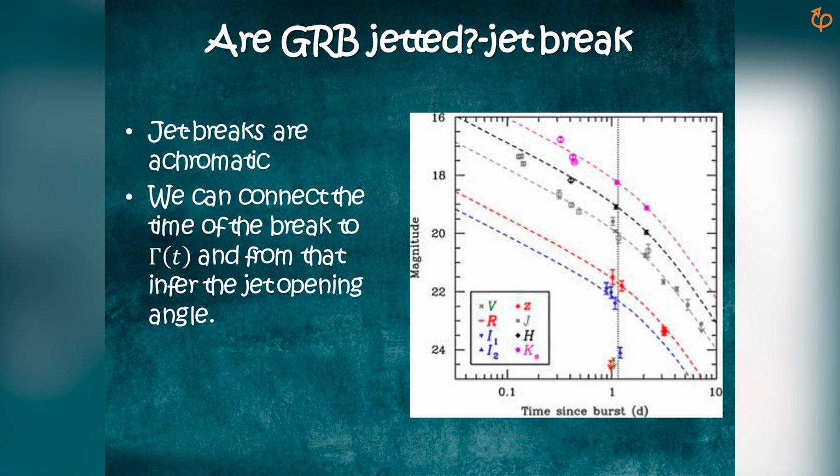And since I can time when this jet break occurs, and if I have a model for how the Lorentz factor changes with time, I can tell exactly what the opening angle of the jet is. Because at the time when the break occurred, the Lorentz factor was just 1 over theta.